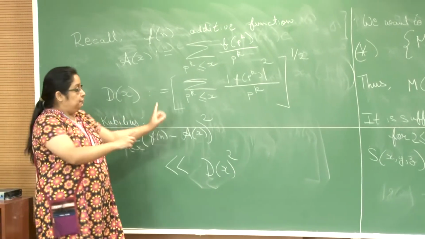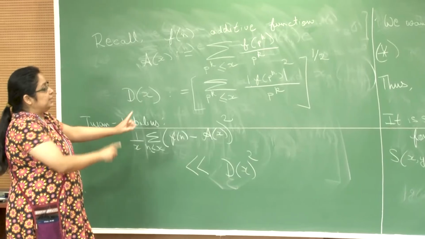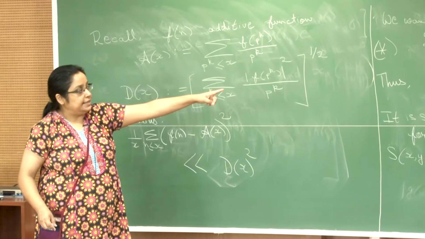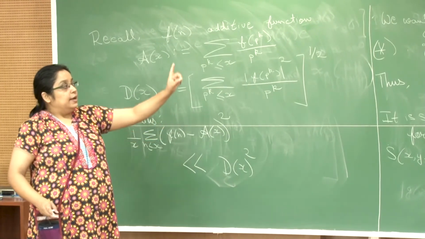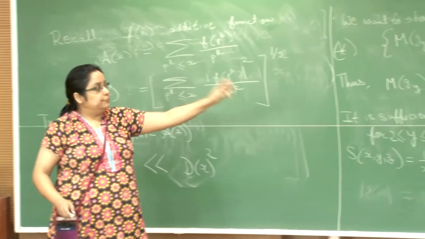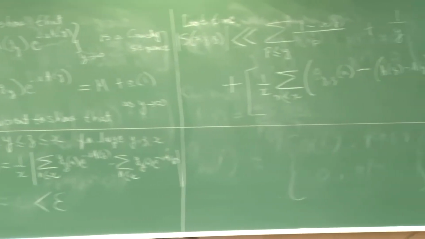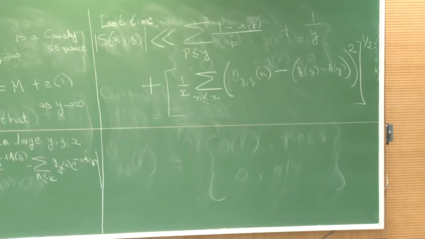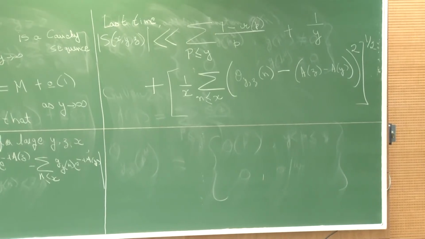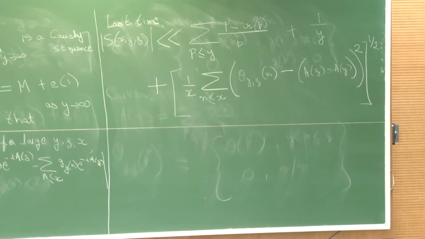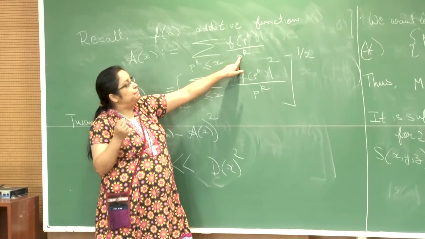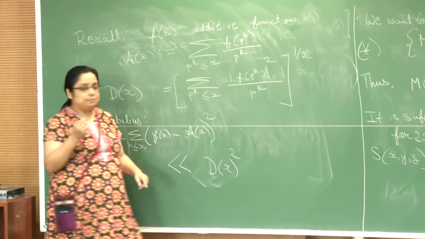Now, we want to compare the Turan-Kubilius inequality with the item that we have. You have theta y z of n, which will serve as your additive function, but now you have a of z minus a of y, which seems to be capturing a part of this sum only for the prime, not for any higher powers of primes.